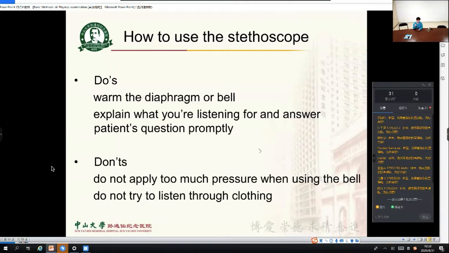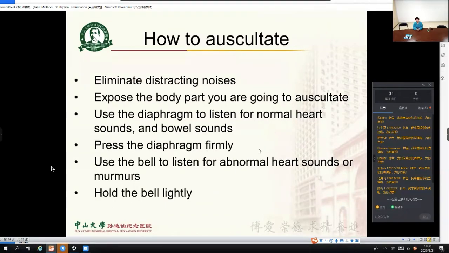So if the patient is wearing clothes, you need to drape the patient and remove the clothes, and then place your stethoscope directly on the skin so that you can pick up the correct sounds that you need to identify.